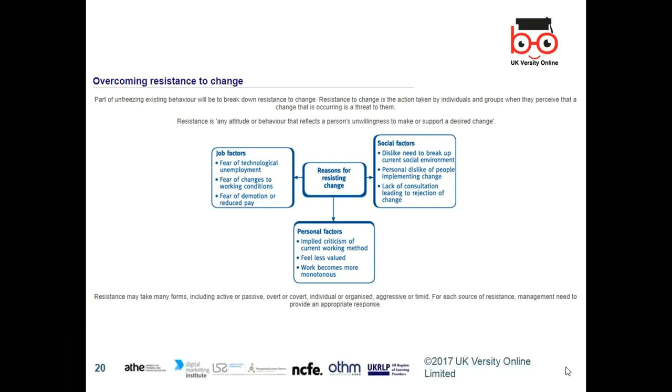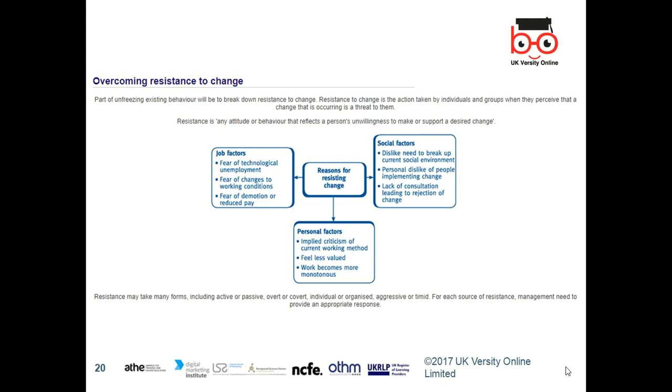Okay, overcoming resistance. How can we overcome the problems in our organization from those who don't want to change? Job factors: we need to look at fear of technology, unemployment, fear of change in working conditions, and fear of demotion or reduced pay. People may think, oh no, this new CEO is going to change things. So we need to overcome all these.